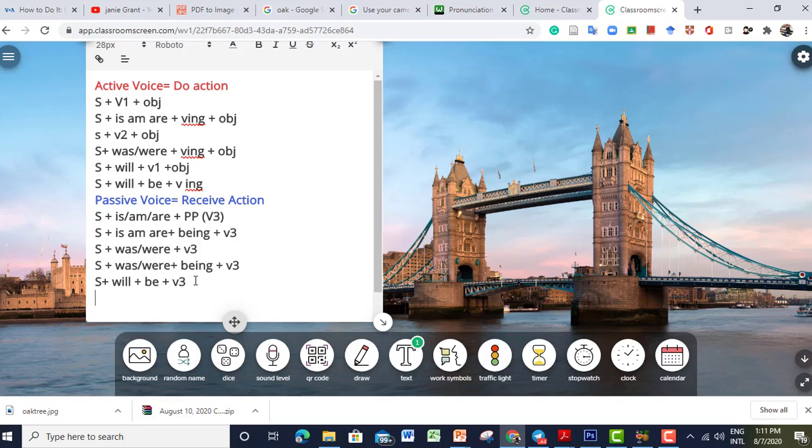And in the passive form you have to use the subject plus will, and don't forget we use being. Okay, so we use being plus verb 3.